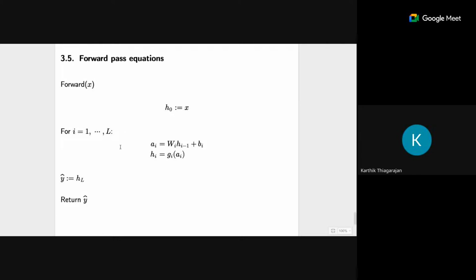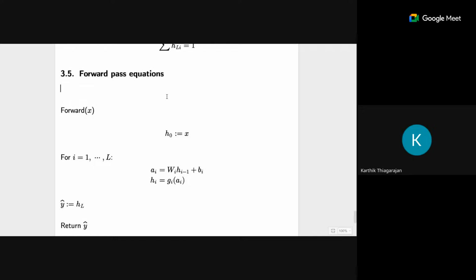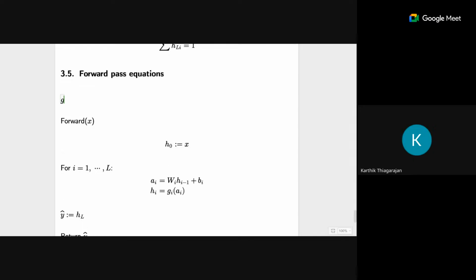Yes, sir. One query over here. G_i, in case of the output layer, the G will be different, so we cannot generalize it as G_i, right? It will be some other G. Yes, that's why I've called it G_i. Outside the function, you can specify this.